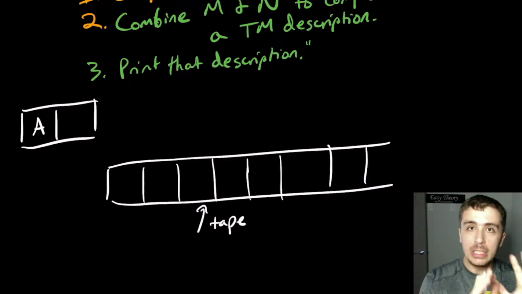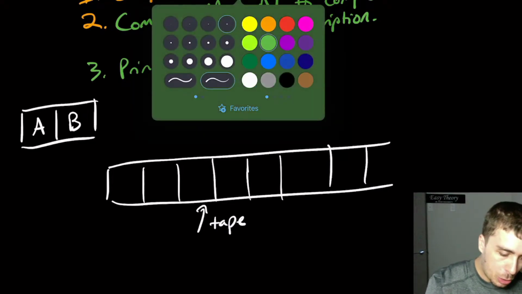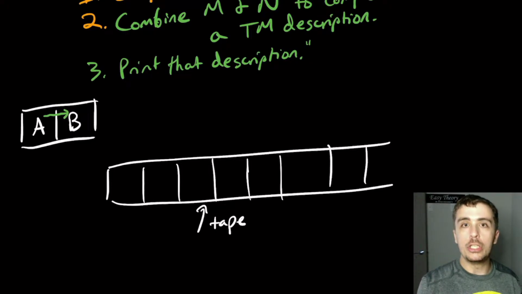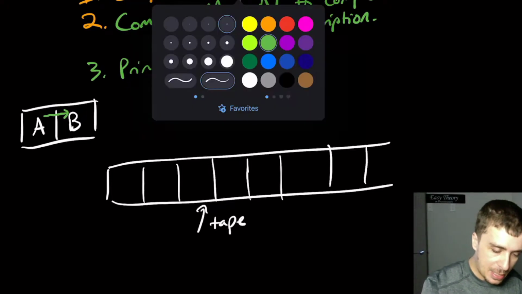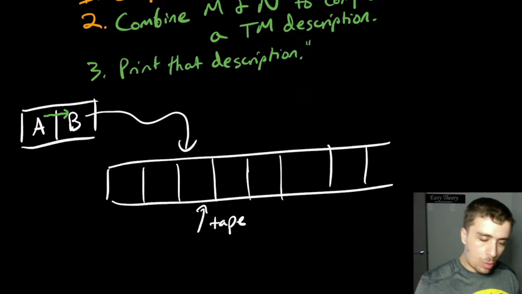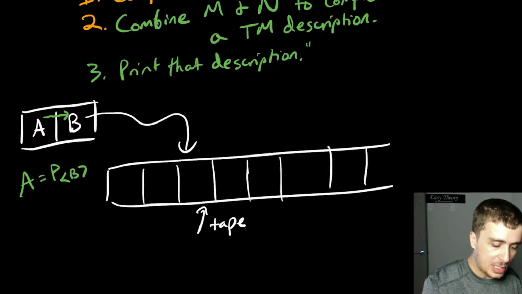The A machine's going to run first, and then the B machine is going to run second. So this A is going to feed whatever it is going to do to B, and that's what's dictating the control here.